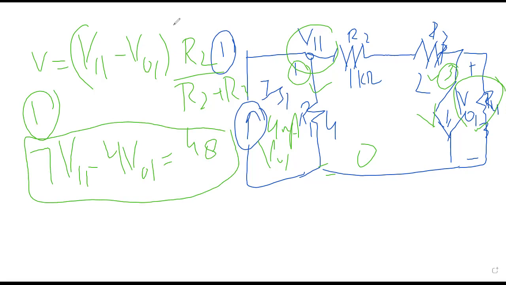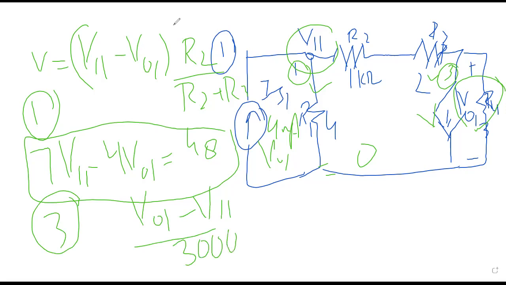For node number 1. For node number 3, this is my node number 3, so it must be V01. The equation must be V01 minus V11, and the resistance we divide as R2 plus R3, so it must be 3 kilo, 3000, plus the value of 0.01.